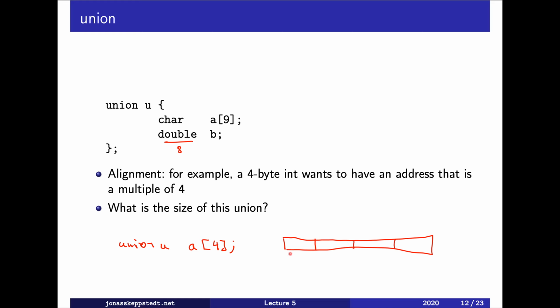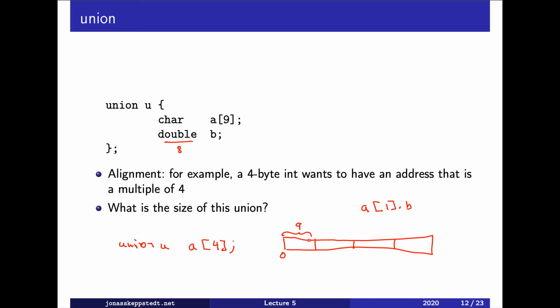So this one will start at something looking like 0. The compiler will make sure that A starts at a multiple of 8. Okay, and then let's say this is 9 bytes. Then A of 1 dot B, that's a double, but it's not located at an address which is a multiple of 8.